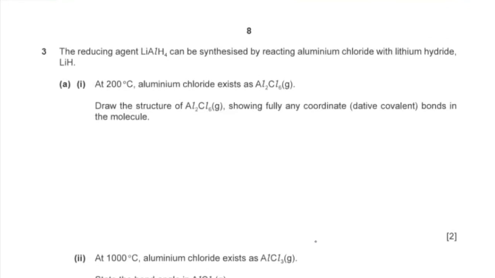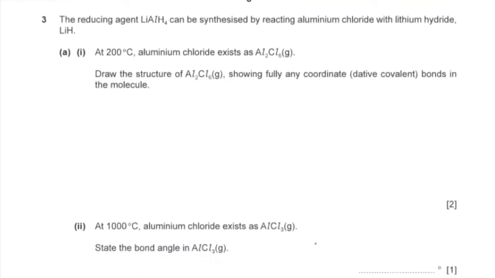Question number 3, the reducing agent LiAlH4 can be synthesized by reacting aluminium chloride with lithium hydride. At 200 degrees Celsius, aluminium chloride exists as Al2Cl6. Draw the structure of Al2Cl6, showing clearly any coordinate bonds in the molecule. So Al2Cl6 has covalent as well as dative bonding.